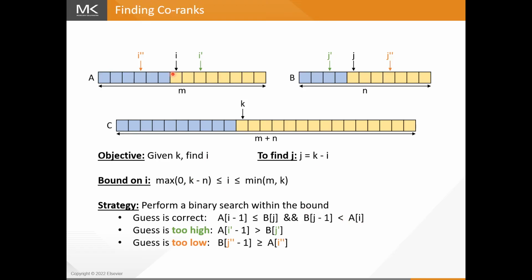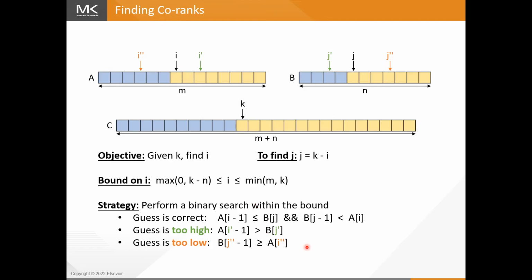That's based on the observation that A of I minus 1, the value in the input array A before I, should be less than or equal to B of J, and also B of J minus 1, the value before J, should be less than or equal to A of I. Otherwise, we would have gotten the element from the other array, not from that array. So really, it boils down to a binary search within these bounds, based on this criteria for checking if our guess is correct, too large, or too small.